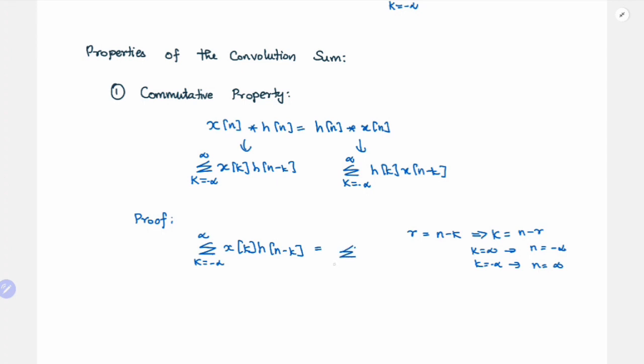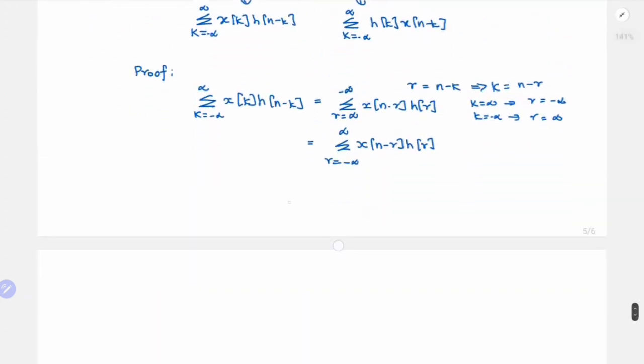So my summation is going to go from r equal to infinity to minus infinity, and what I have is x of k becoming x of n minus r, and h of n minus k is nothing but h of r. But in a summation, it doesn't matter if I add from first to last or last to first. So I can write it as r equal to minus infinity to infinity x of n minus r into h of r.